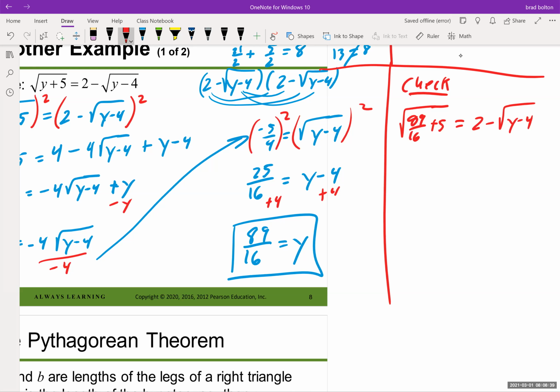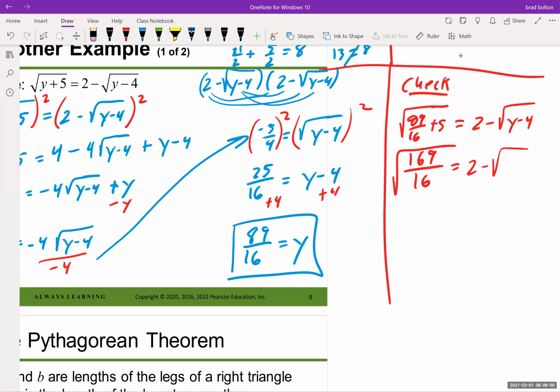Okay, so I'm going to use my calculator this time. So your calculator has a fraction button on it. So I'm going to do 89 divided by 16 plus 5. And then I'm going to do math frac. And it'll say that this is 169 over 16 square rooted equals 2 minus. Now I'm going to do this one also.